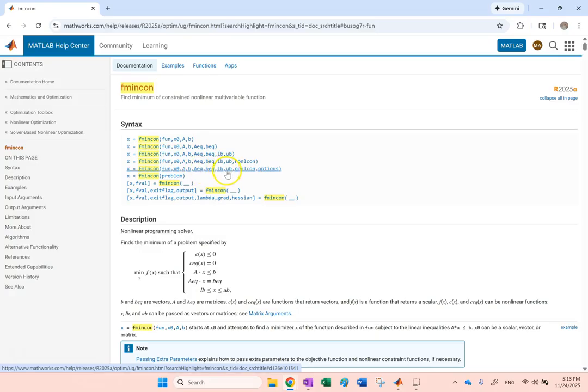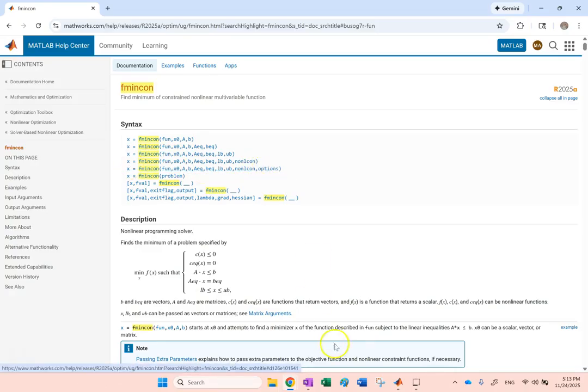Lower bound and upper bound are the vectors of lower and upper bounds on the parameters. Nonlinear constraint: this one could be nonlinear, either equality or inequality or both. So any nonlinear constraint that you have, whether equality or inequality, is provided inside this function. And then the solutions and options for the solution and the methods, the algorithm.